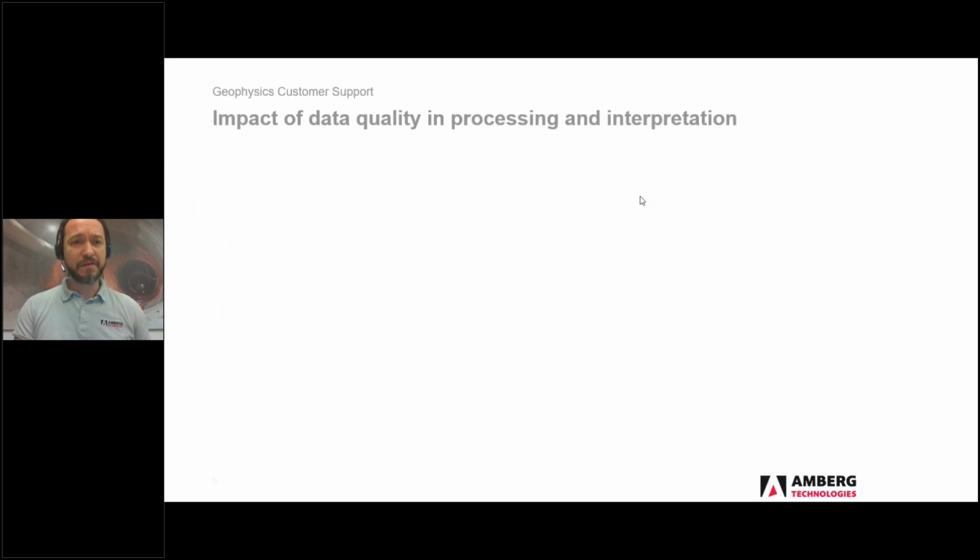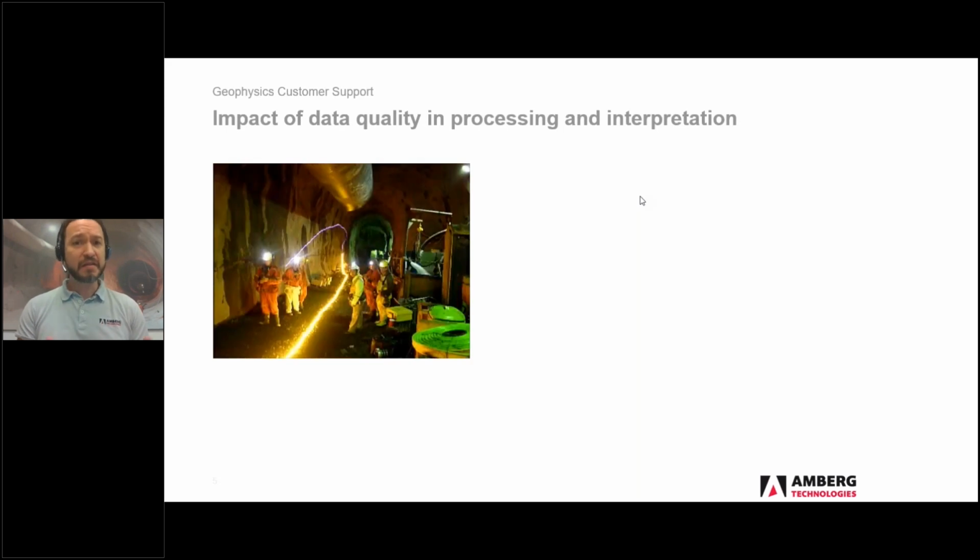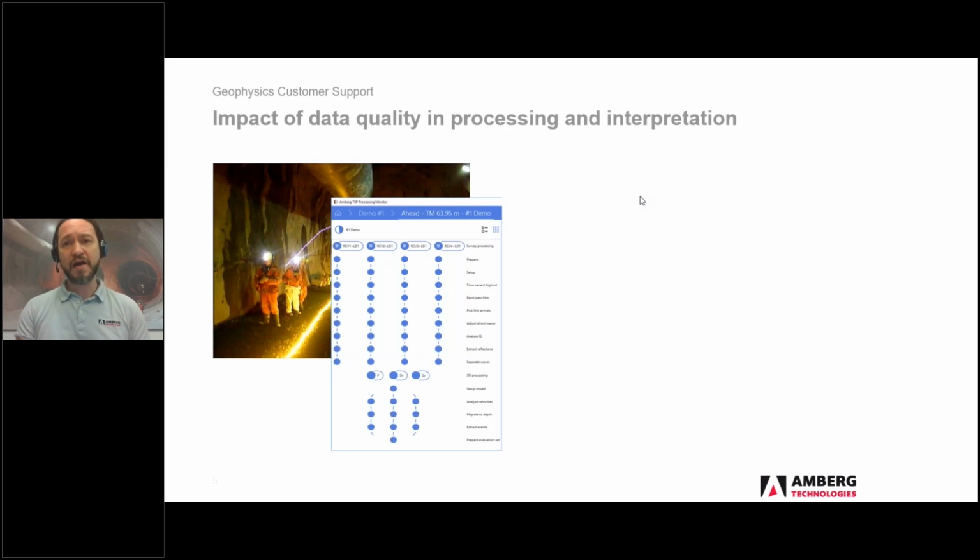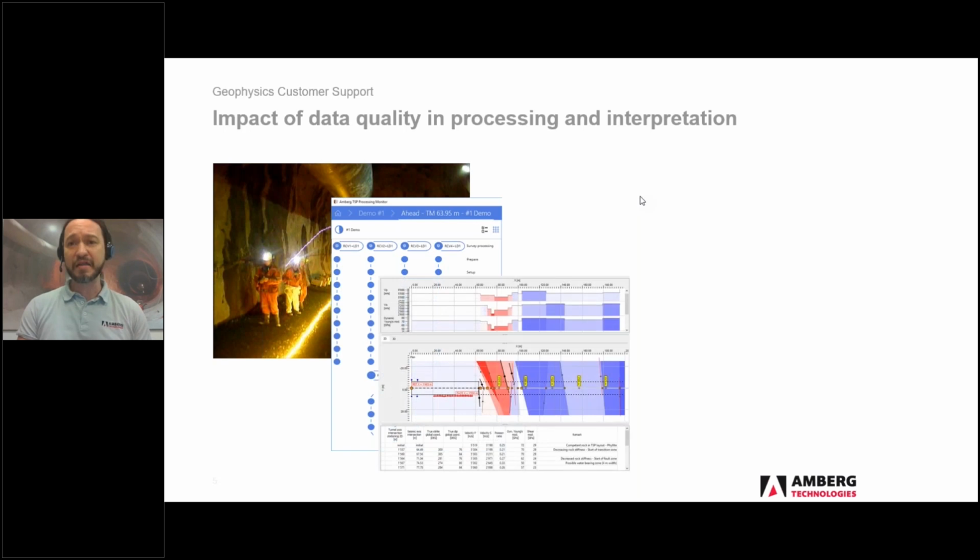So if you remember, let's recap what the main steps of doing TSP in a tunnel project are. First, what we commonly do is data acquisition. Then we have data processing, and we finalize with the results interpretation in the evaluation step.